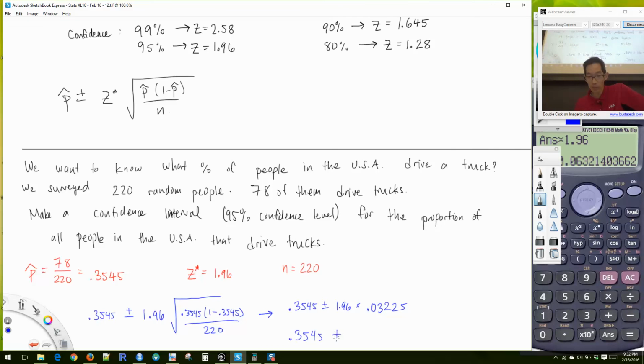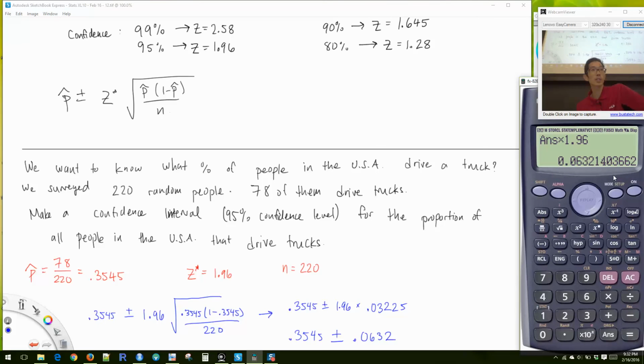Okay, so here I've got 0.3545 plus or minus 0.0632. Is that okay? Can we just go back a little bit? Sure, where should I go back to? Just before the 0.3545 plus or minus. So all I've done is 1.96 times 0.03225.